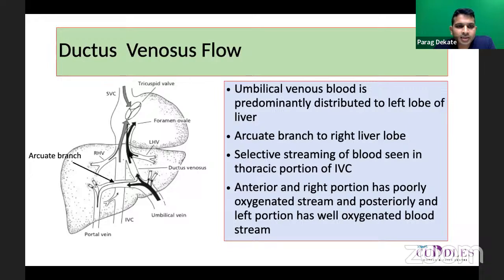So you can consider this as poorly oxygenated, the gray one, and the black one is well oxygenated. So right-sided and anterior blood preferentially goes into the RA and then into the RV. But the posterior streaming of the blood, the left and the posterior, directly through the inferior vena cava, gets streamed towards the LA through the foramen ovale.